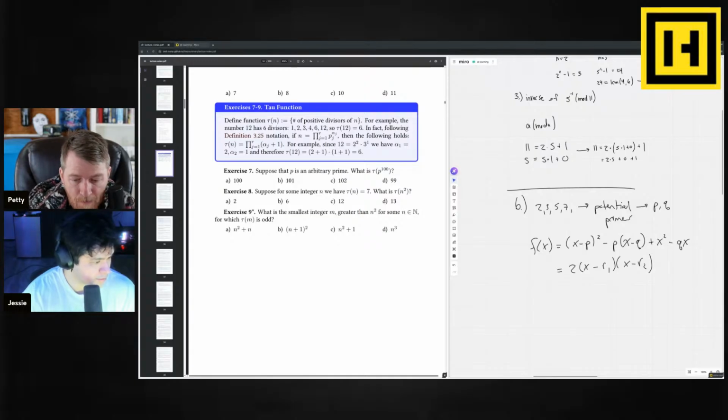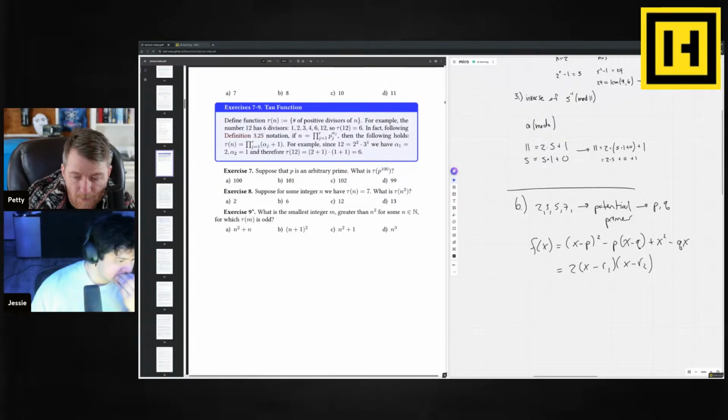In fact, following definition 3.25 notation, if n is equal to the product from j equals 1 to r of p sub j to the alpha sub j, then the following holds. Tau of n is equal to the product of alpha j plus 1. For example, since 12 is equal to 2 squared times 3 to the 1, we have alpha 1 equal to 2, alpha 2 equal to 1.